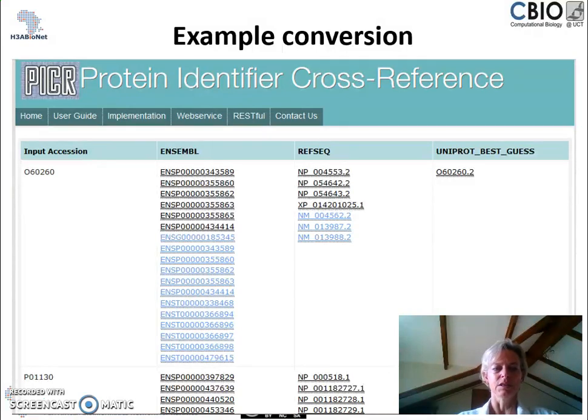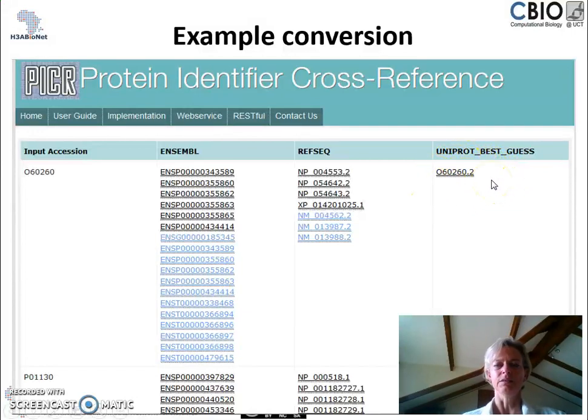So in this case, the accession number on the left was O60260. This is a UniProt accession number, a protein accession number. And it's now finding the list of proteins in Ensembl that have that same sequence, in RefSeq, and in some of the other UniProt databases.